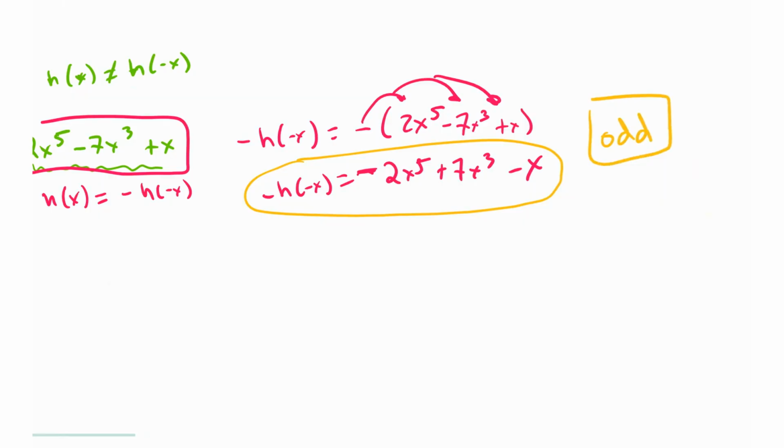But again, to recap, the first thing I checked was: is h of x equal to h of negative x? Which I said it was not. And then I said, is negative h of negative x equal to my original function? And since in this case it was, that tells me it's odd.